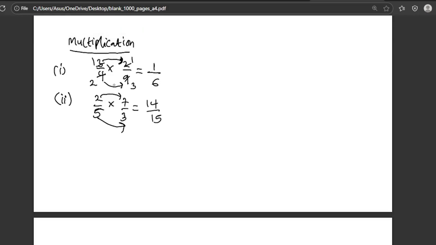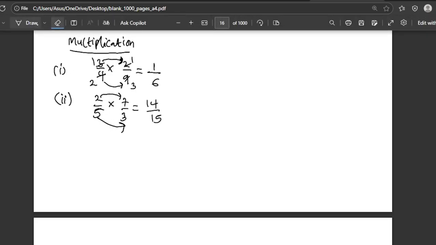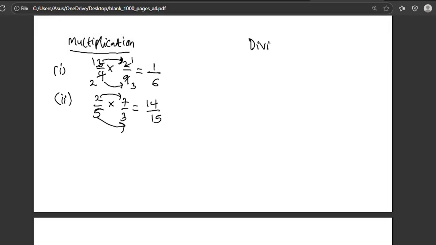Before we actually encounter complex fractions, for division also, let's just take some fractions to introduce the concept. Let's divide 3 over 4 by 2 over 9. For division, what we simply do is write 3 over 4, then the division sign here, you change it to a multiplication sign.